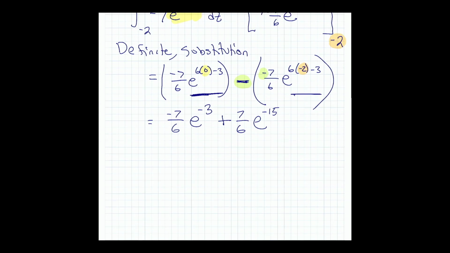The only thing you might do is take out a 7 over 6. If you take out a 7 over 6, I'm going to write this one first because it's positive: e to the -15, minus the other one, e to the minus 3. If you wanted to, you could write it that way.